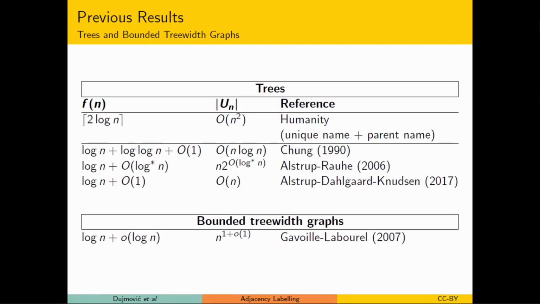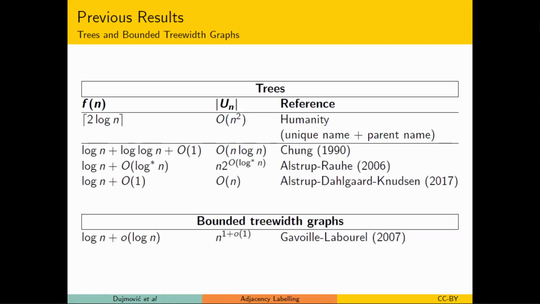And one solution for trees, which people came up with about 2,200 years ago, is that every vertex gets a unique identifier, and it gets the name of its parent as well. So that is 2 integers, each of size n, so that takes 2 log n bits, and from that you can tell if 2 vertices are adjacent in the tree.